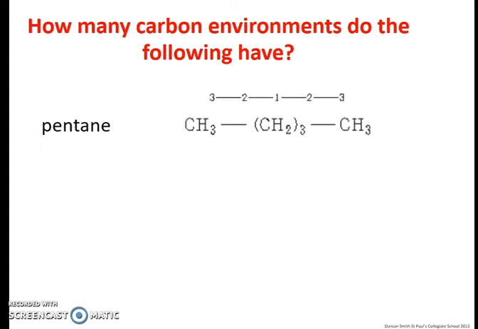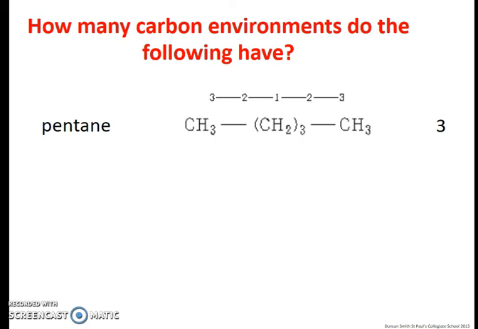Okay, so did you say that this molecule had 3 carbon environments? Or did you pick 2? The reason it has 3 carbon environments is that the CH2s at carbon 2 and carbon 4 are different from the CH3 group at carbon 3. Okay? This is kind of hard to explain without me scribbling all over things, but I'll do my best.